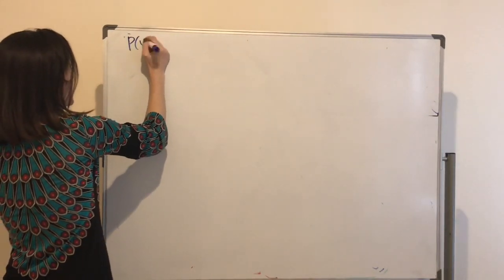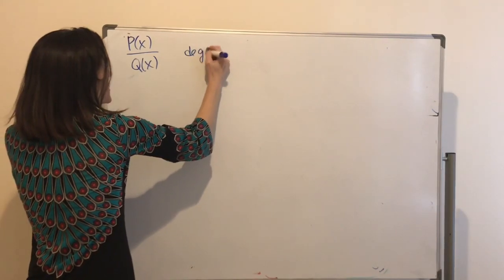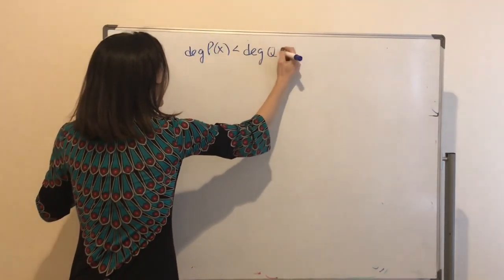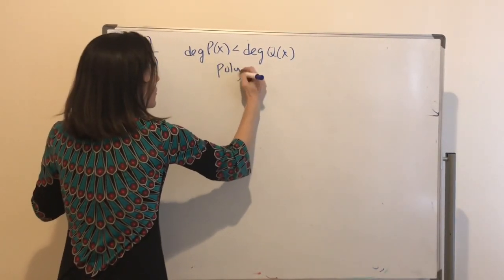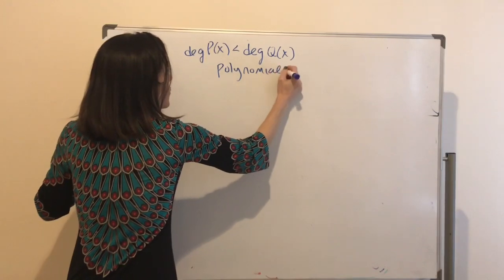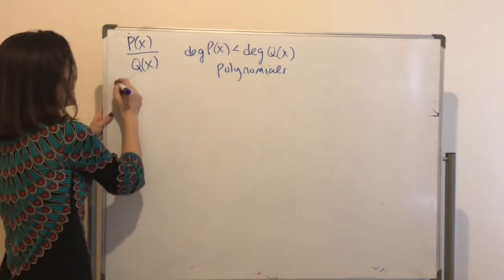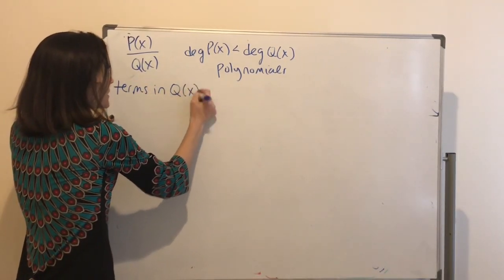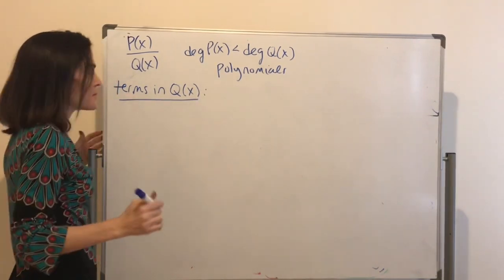So if you see p of x over q of x, and they're both polynomials, with the degree of p of x strictly less than the degree of q of x, I'll write this. And we want to do partial fractions. So what kind of terms can we see in q of x when it's factored completely, where you can't factor it anymore?